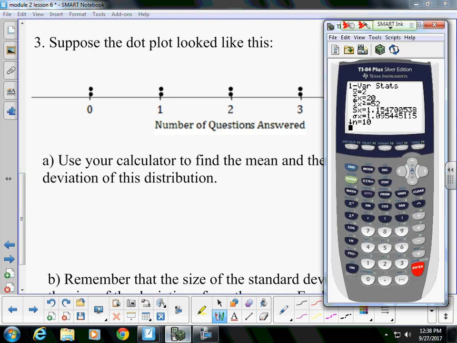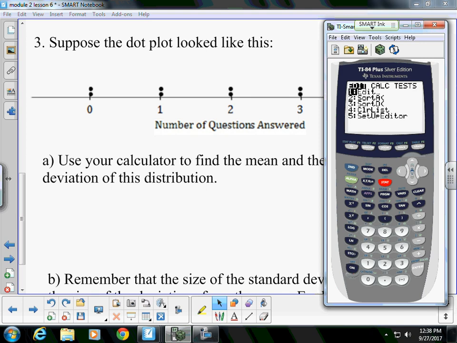Okay, so again, going in, stat, over to calculate, or excuse me, stay on edit. Number 1, edit, clear my list, I go to the top, push clear.